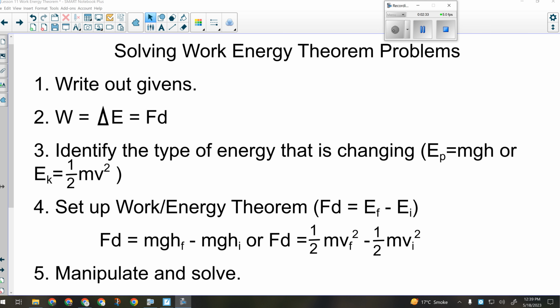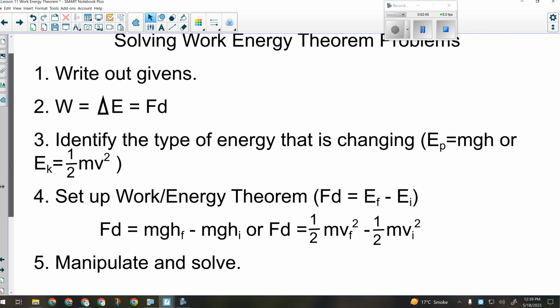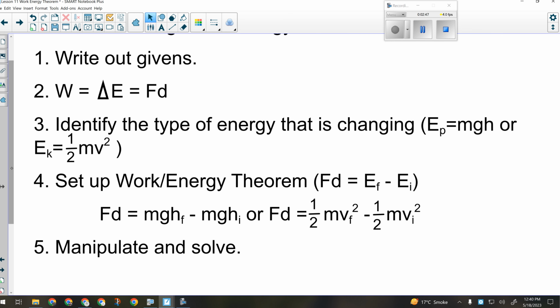And in Physics 20, we have questions that involve both at the same time. It doesn't actually make them any harder. You just have both changing. But in Science 10, you only have to deal with one type. So you just determine which one it is, and then you set up the work energy theorem. What I mean by that is the work, force times distance, is equal to the change in energy.